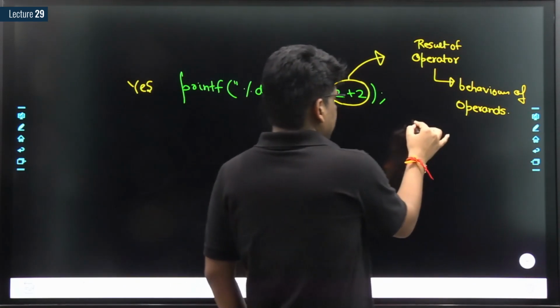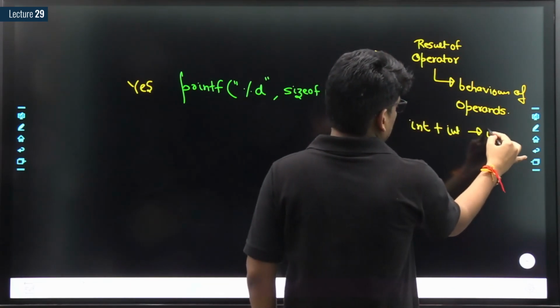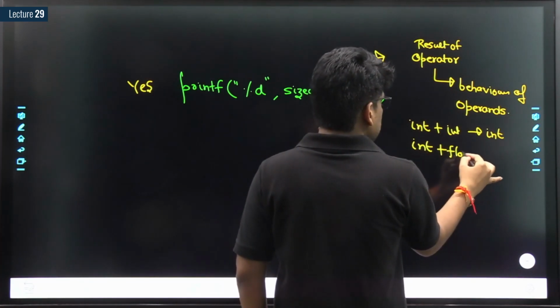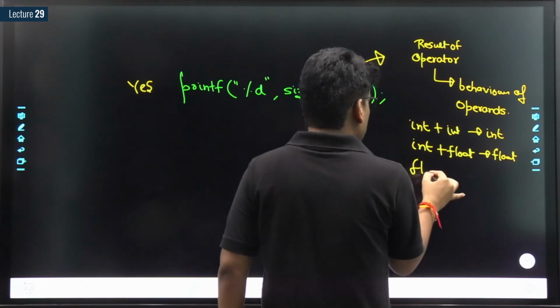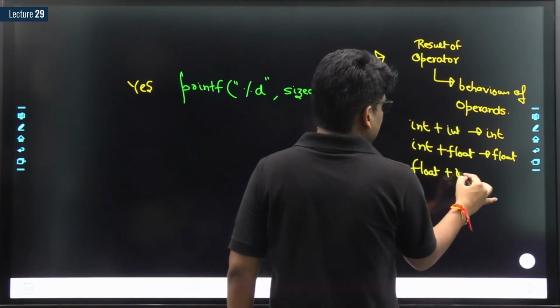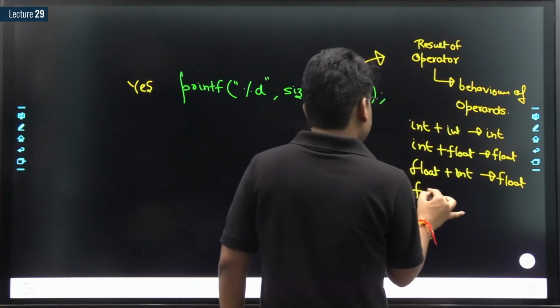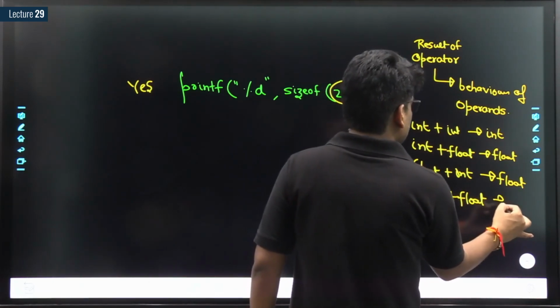Yes, sir. If I say int plus int, what is the output? Int. If I say int plus float, what is the output? Sir, float. If the first argument is float and the second argument is int, again it is float. Sir, if both arguments are float, again it will give float.